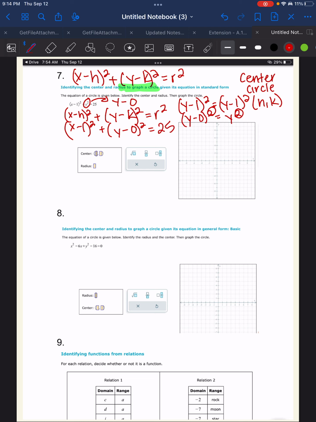Okay, so h is 1, k is 0, r squared is 25, but what is r? We'll take the square root of 25, which is 5.